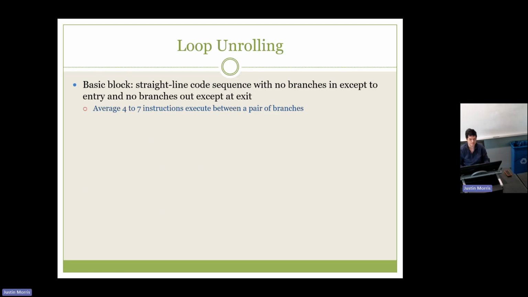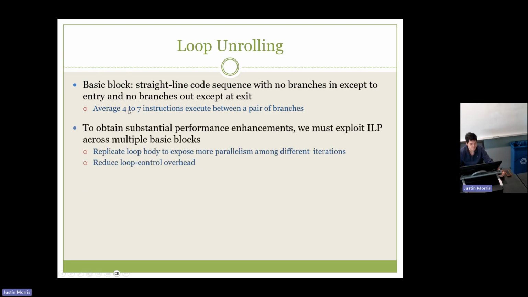Because say we have this average of 4 to 7 instructions to execute between this pair of branches, then in the worst case, 20% of our instructions are just control. But if we know we're in a for loop and we know that we're going to loop 10 times, rather than looping back 10 times, just copy paste the code, and now you never loop back, right? And you just improve your performance by 20%.